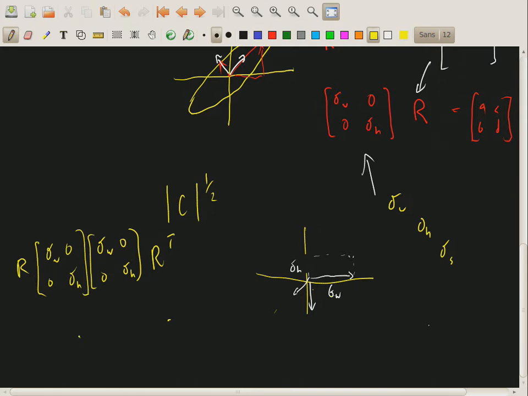So you end up with something of the form R, sigma_W squared, 0, 0, sigma_H squared, R transpose, so in effect you rotate either side.